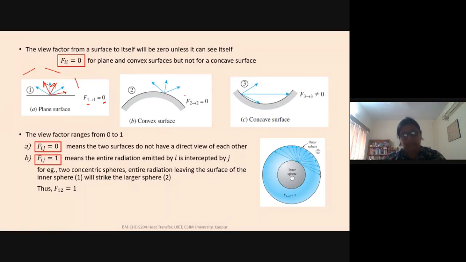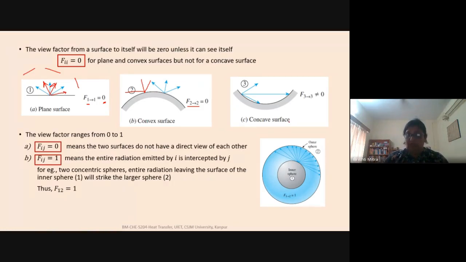The curvature of the body is such that even if something goes out from here, it will go out, but nothing will come back to it. So we can say that the view factor of radiation going out from body 2 and coming back to body 2 is equal to 0. Nothing is coming back to body 2. Everything is going out.